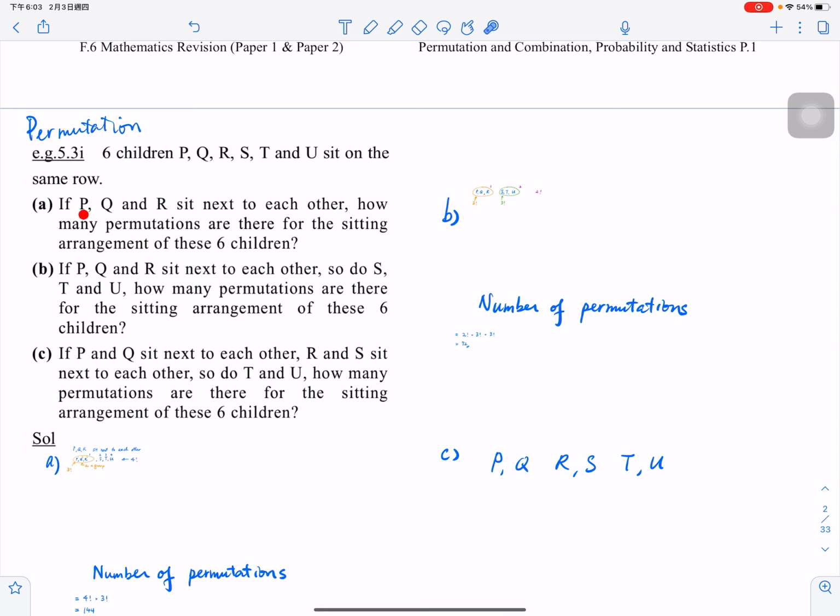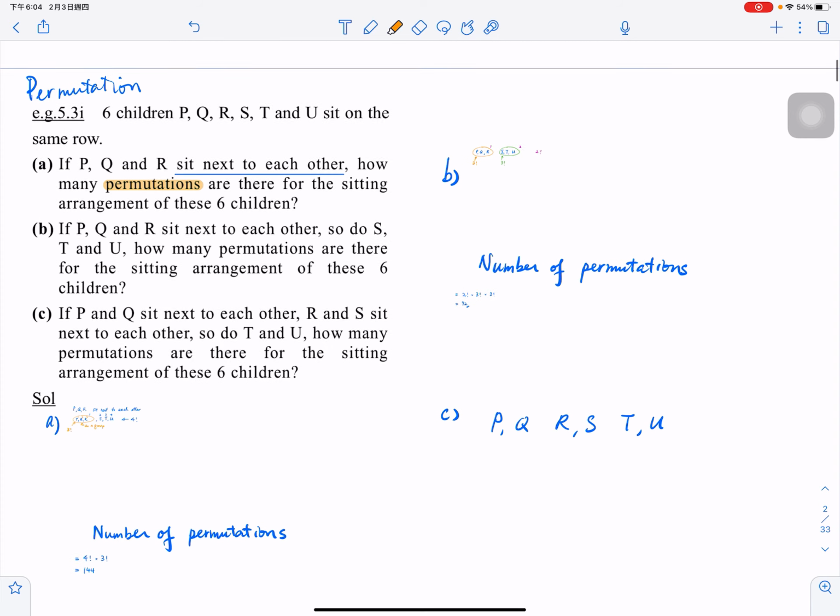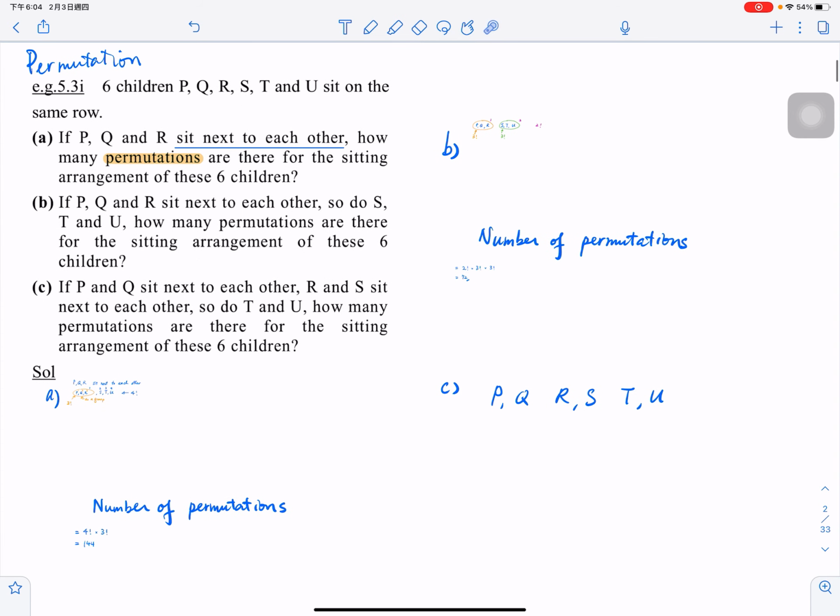Question A: if PQR sit next to each other, this is the condition, how many permutations are there for the sitting arrangement of these 6 children? This tells you that you need to find the permutation, so no need to think, you just find it. You understand the meaning of sitting next to each other, right? If you understand, then let's see.